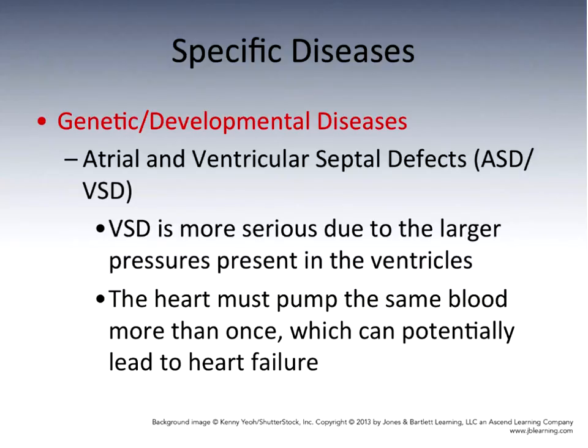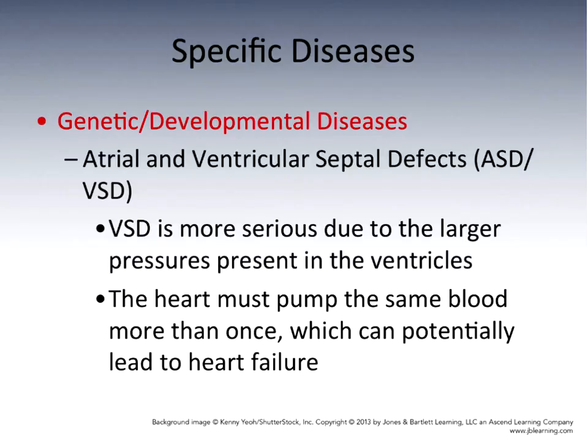So it depends how big that opening is. But if it's open, if there is a big hole, particularly in the ventricular septum, meaning between two ventricles, you can imagine that on the left side of the heart, the pressure is much higher than on the right side.